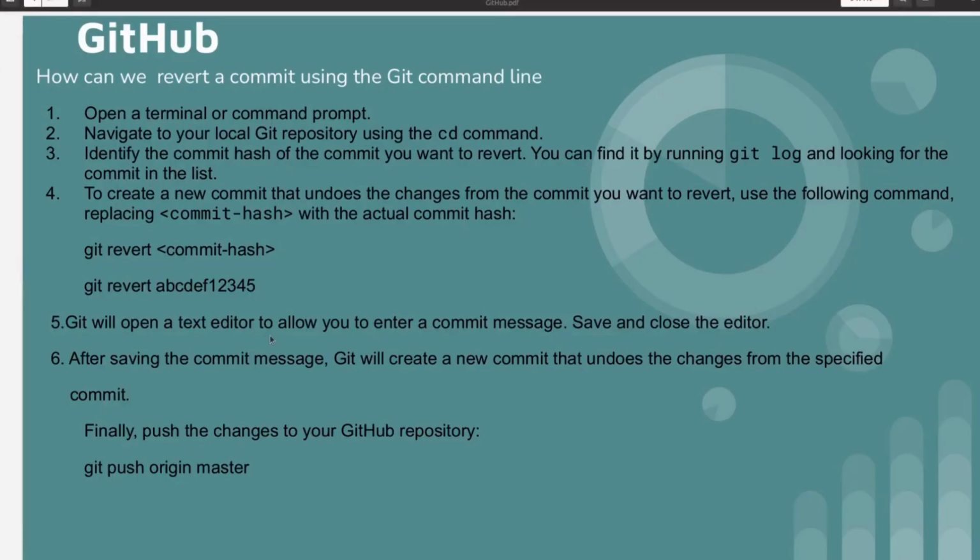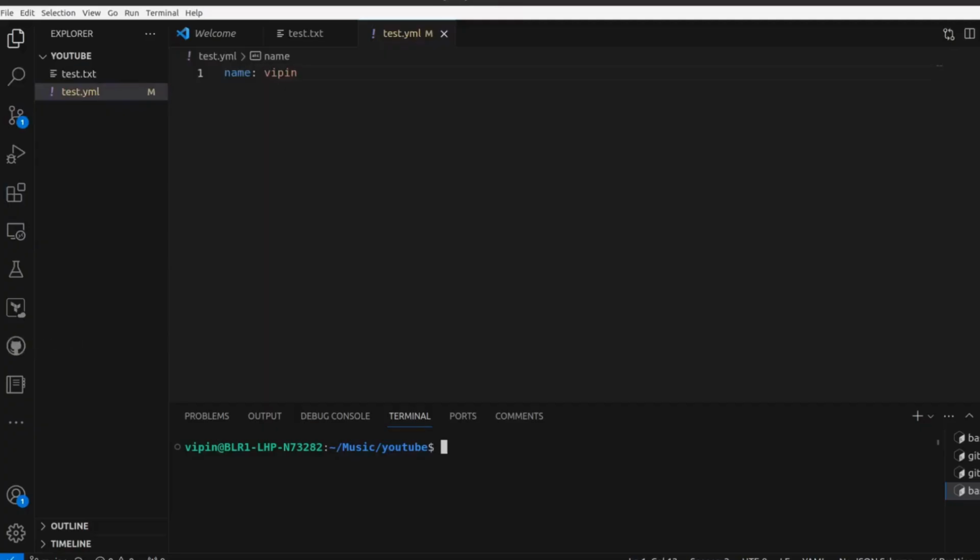After saving the commit message, git will create a new commit that undoes the changes from the specified commit. Then we have to run git push origin and the branch name, so git push origin main.